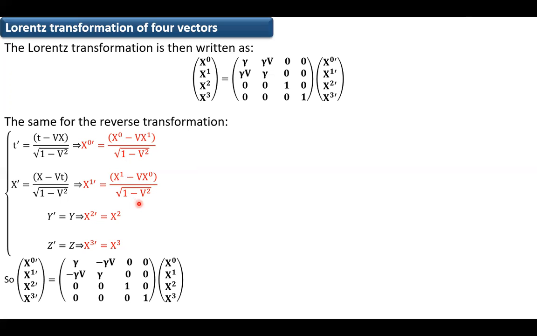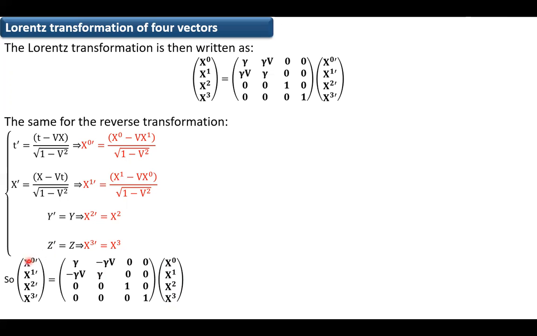So you just replace x by x1 and t by x0. The primes stay the same and everything else stays the same. So x2 prime is equal to x2, x3 prime is equal to x3. Your Lorentz transformation as a matrix: x0 prime, x1 prime, x2 prime, x3 prime is equal to the Lorentz matrix times x0, x1, x2, x3.